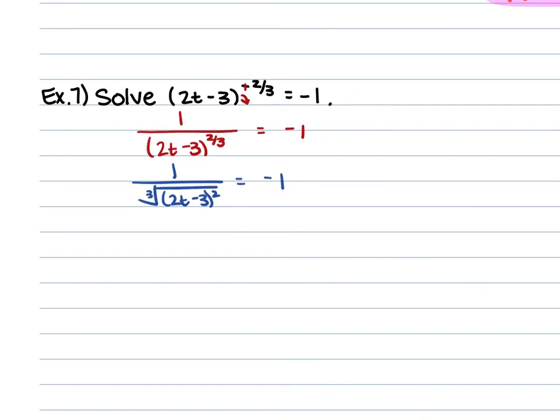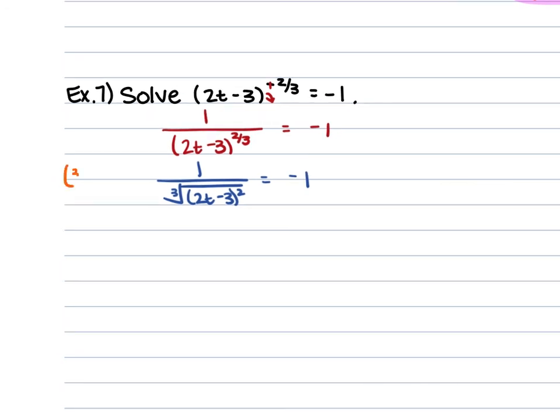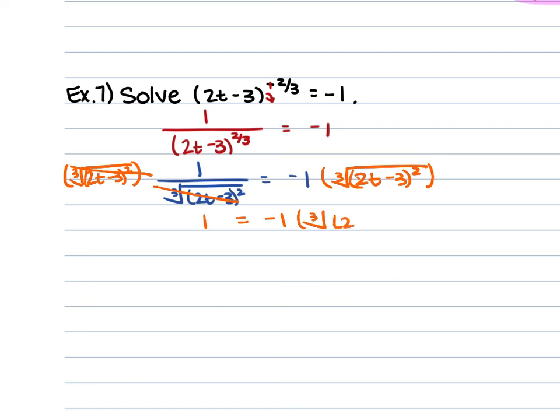From here, I want to get rid of the radical in our denominator, so I'm going to multiply each side by the cube root of (2t - 3) squared. These are going to cancel out on the left side, so that way we just have 1 is equal to -1 times the cube root of (2t - 3) squared.